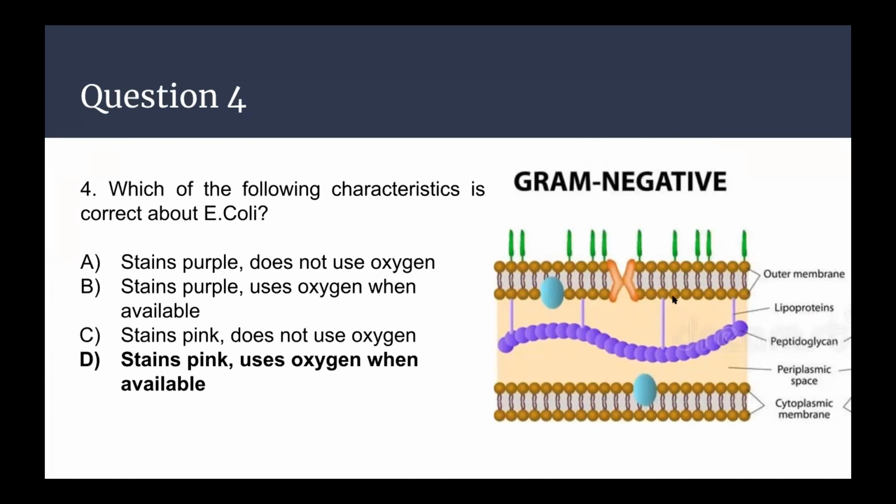Gram-positive bacteria have a thick layer of peptidoglycan and don't have this outer cell membrane, so they stain violet very strongly. So I made up a little mnemonic: gram-negative is negative for the purple dye, gram-positive is positive for the purple dye. Okay, thank you. No problem.